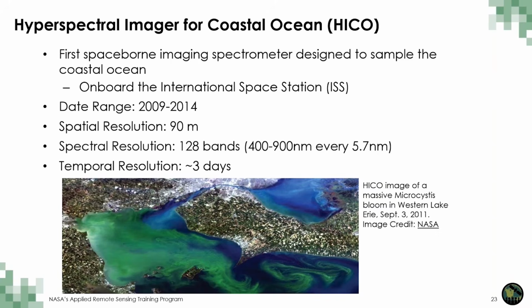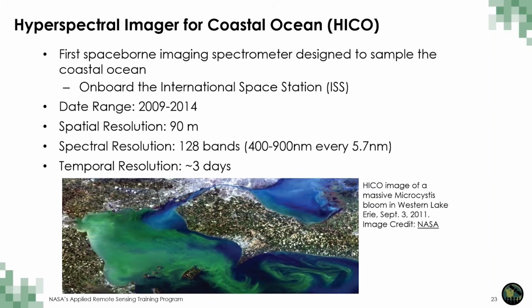The sensor had a very high signal-to-noise ratio that is indeed useful to resolve the complexity of the coastal ocean. As a demonstrative instrument, HICO was designed to collect only a 150 by 200 kilometer scene per orbit.